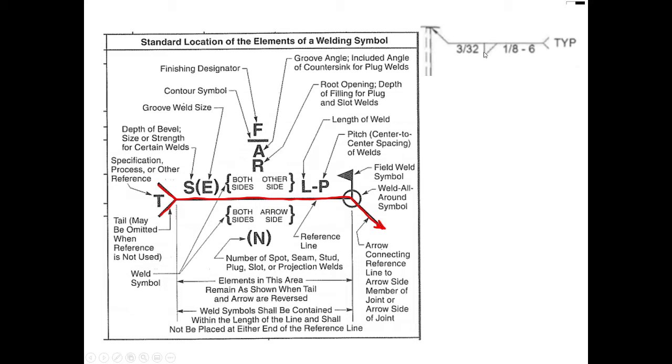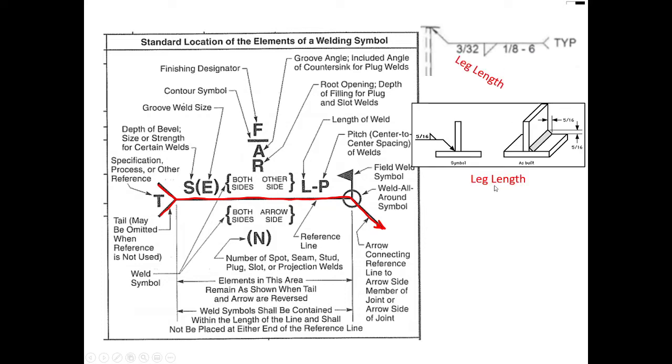This is below the line, so it's on the side that the arrow is pointing to, and then we have these other numbers over here. We can see that that is the length and the pitch. The length is how long is each weld, and the pitch is what is the distance from center to center of the different weld beads that are put on there.